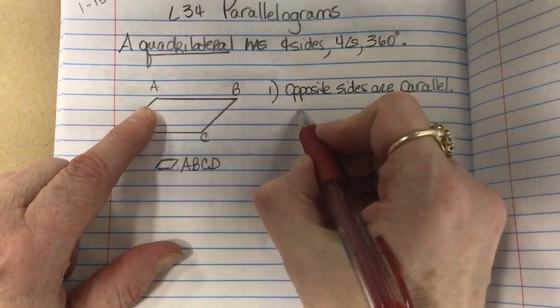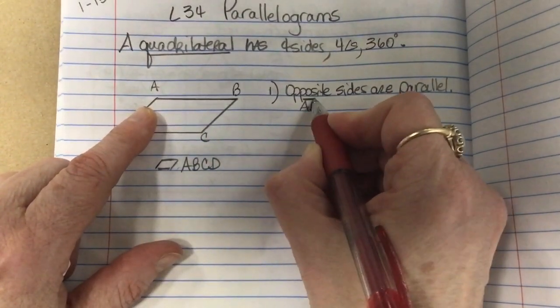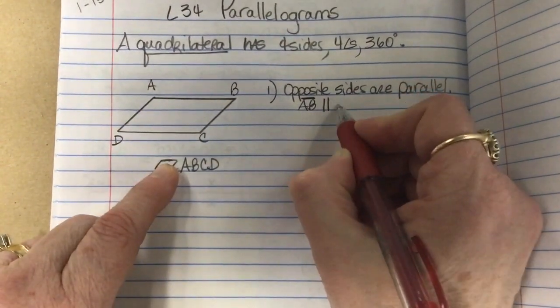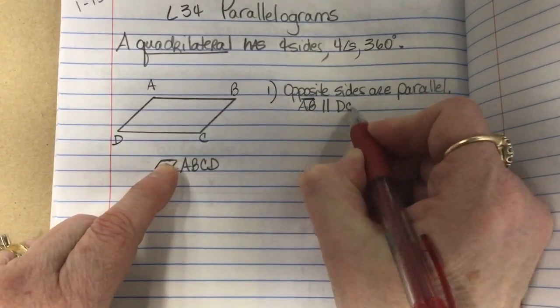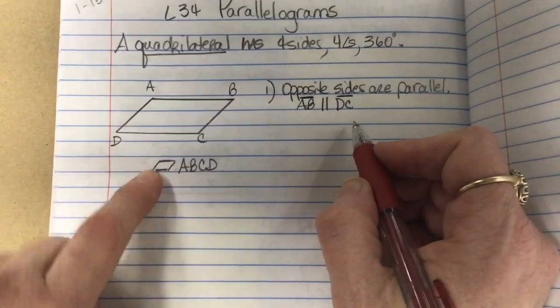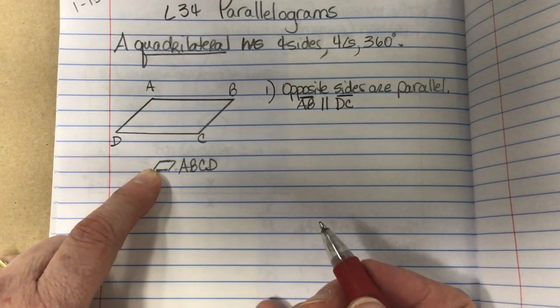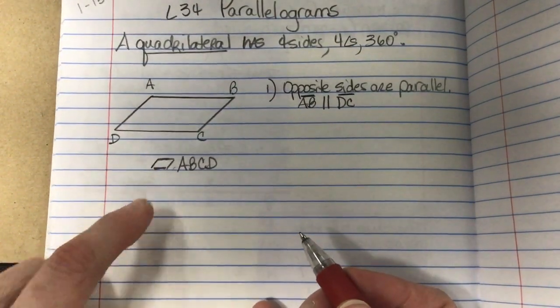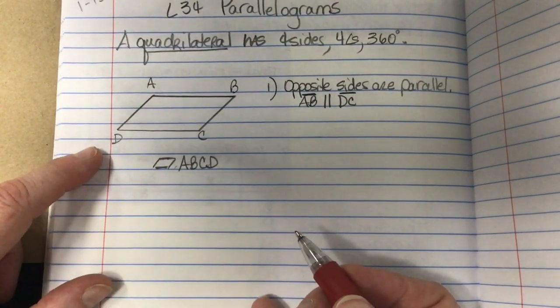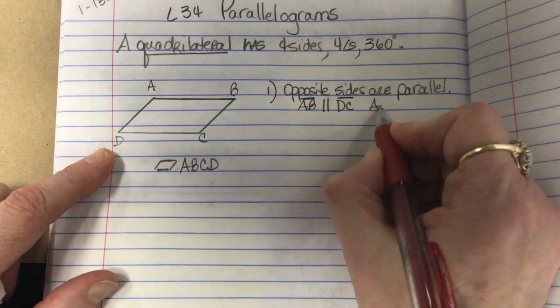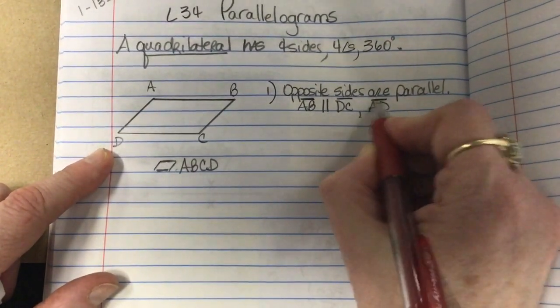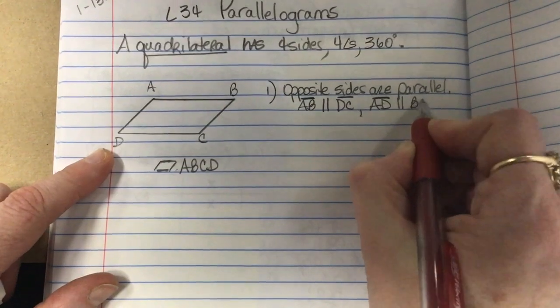So segment AB is parallel to DC or CD, whichever way you want to say it. Do they look parallel? Yes, that's why we like to use the geometer, because when I freehand them, they don't always look that way. There's another set. AD, segment AD is going to be parallel to segment BC.